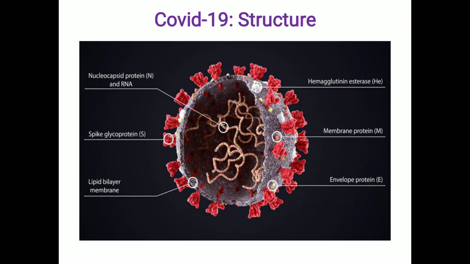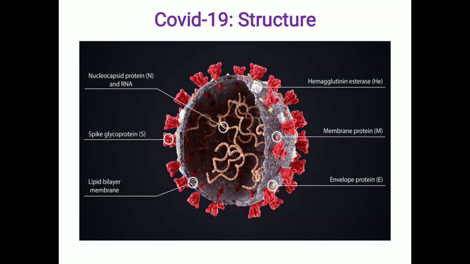You can see in the image. It is an enveloped virus which has spikes, which are shown in red color in the image. Inside, the material is RNA as well as nucleocapsid protein. Then the envelope protein is there, then the membrane protein has been shown.